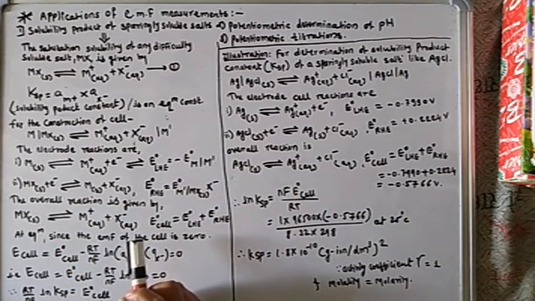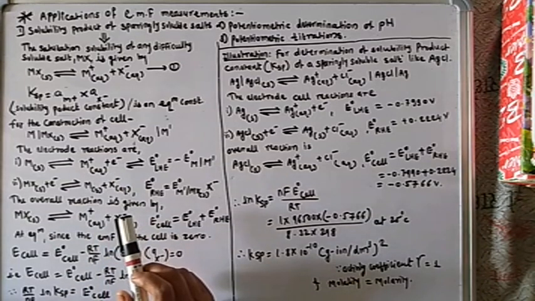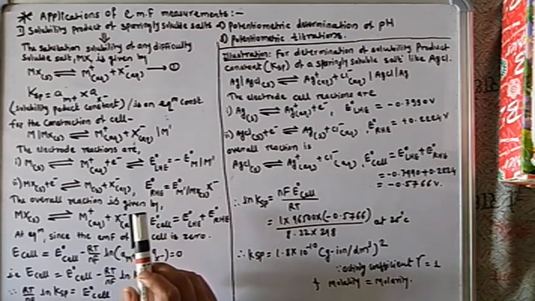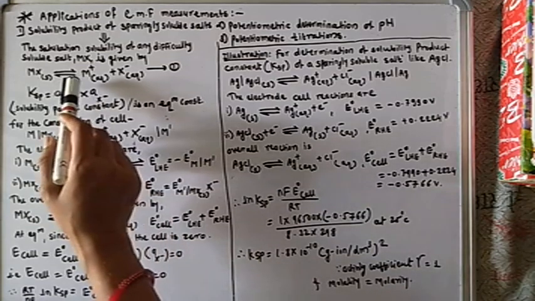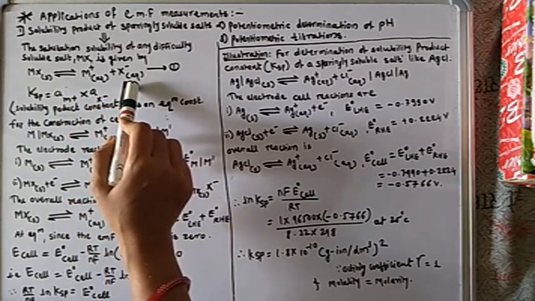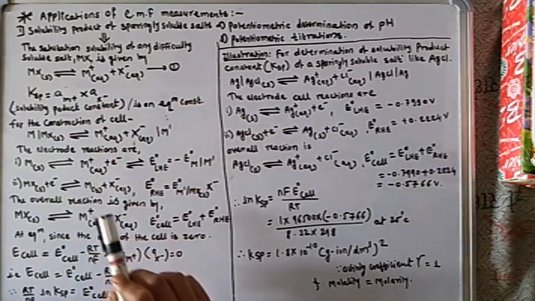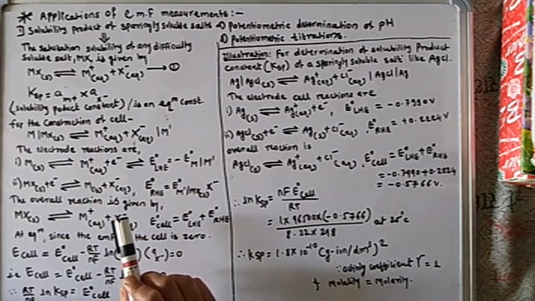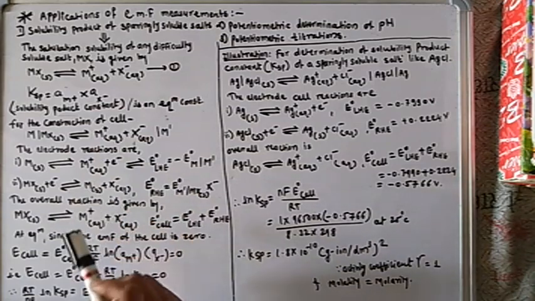So for the construction of the cell, two electrodes are constructed: one is reversible to the cation and the other is reversible to the anion of the salt. These two are coupled in a suitable manner.